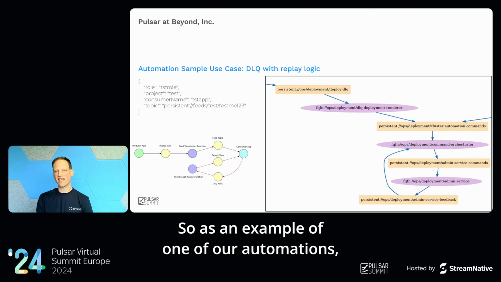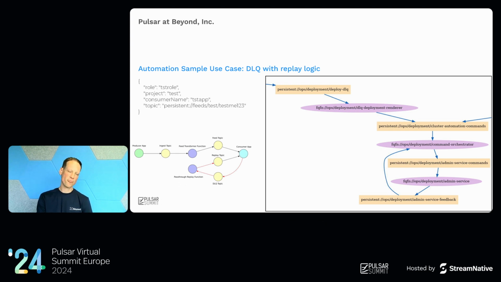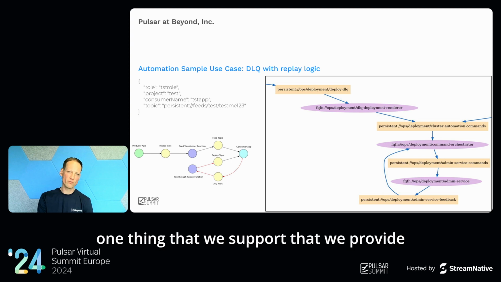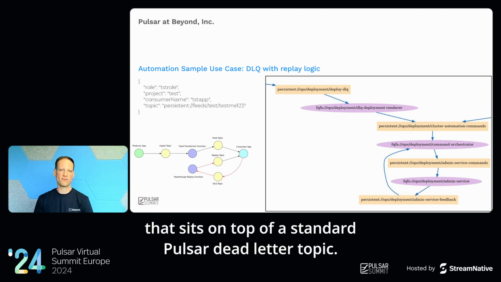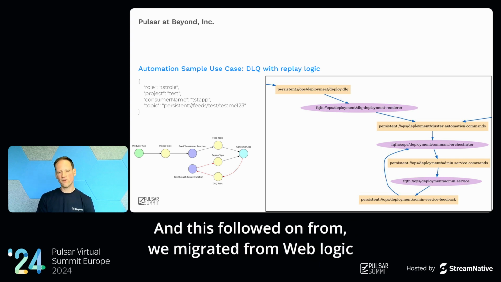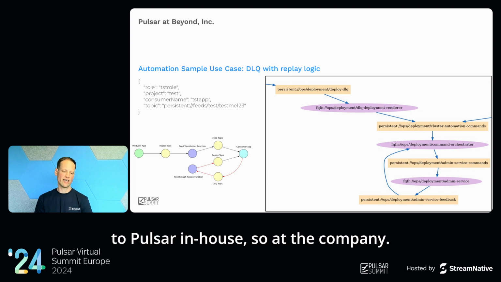So as an example of one of our automations, one thing that we provide is a little bit of extra logic that sits on top of a standard Pulsar dead letter topic. This followed on from when we migrated from WebLogic to Pulsar in-house, at the company.